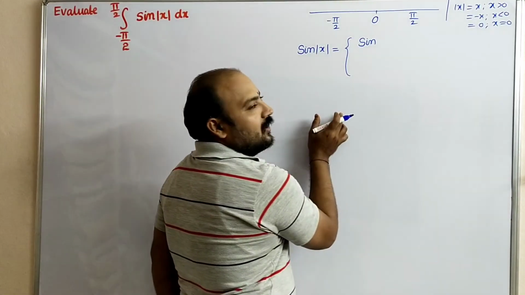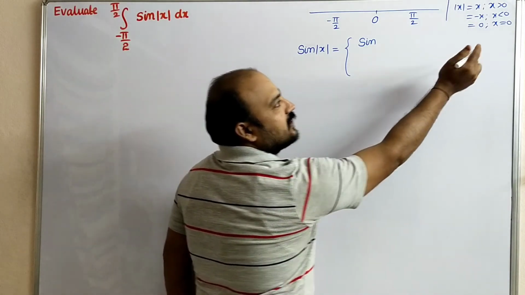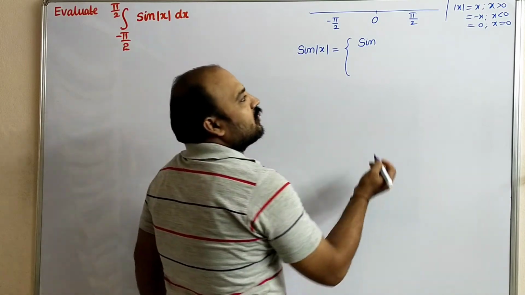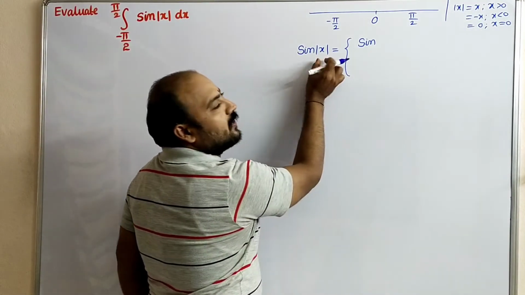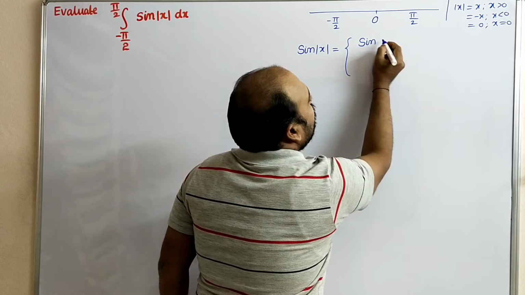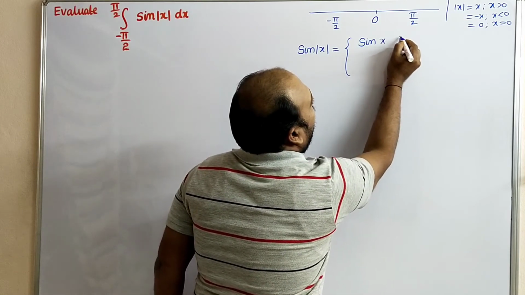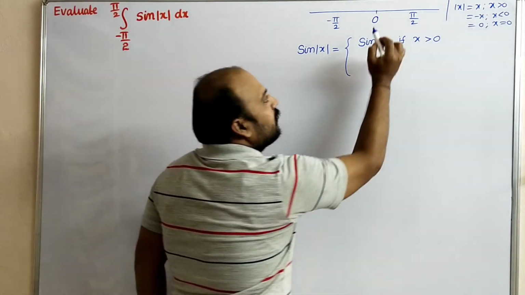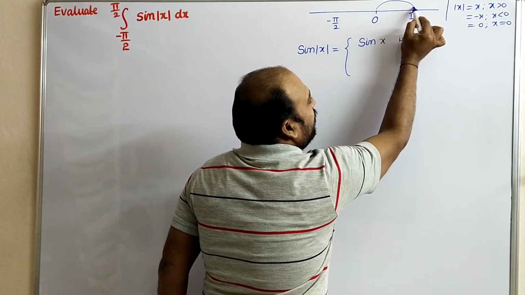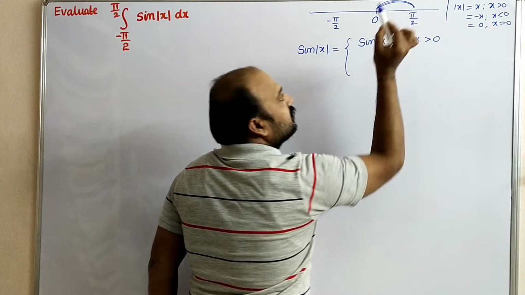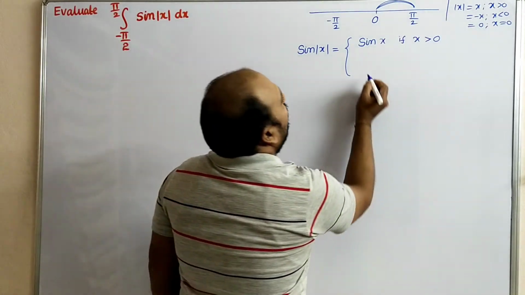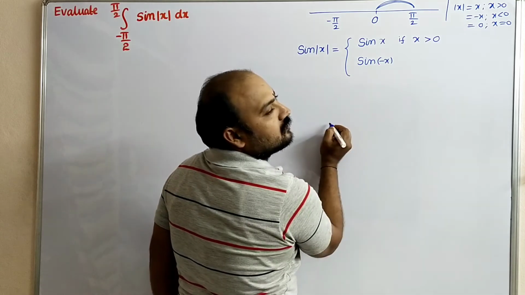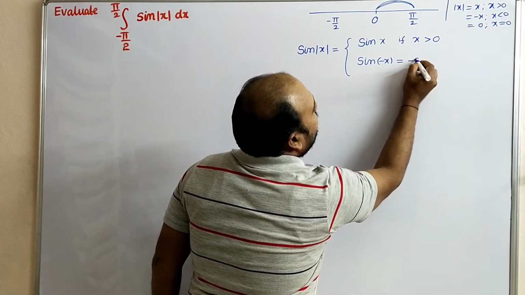Similarly, here, suppose the value of x is greater than or equal to 0. Suppose if it is greater than 0, mod x will become x only, no? So, sin x, if x is greater than 0, means from here to here in this interval. Next, sin of minus x, which is equal to minus sin x.